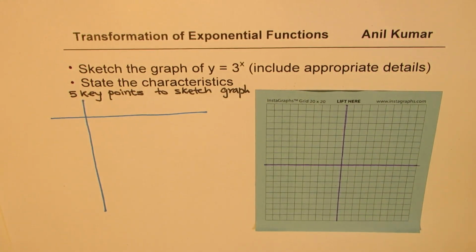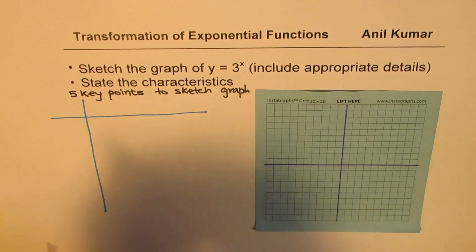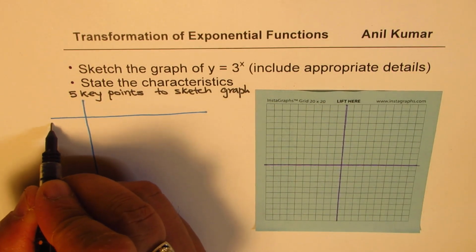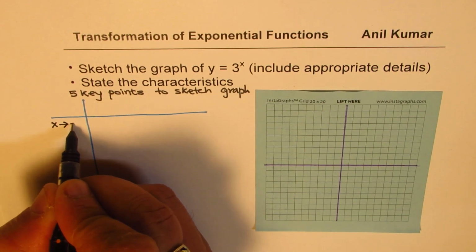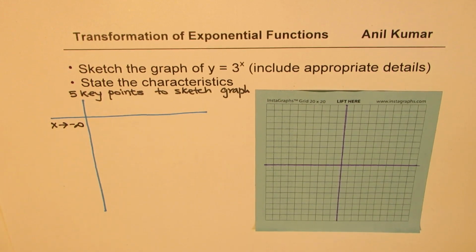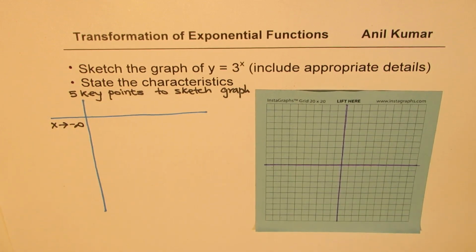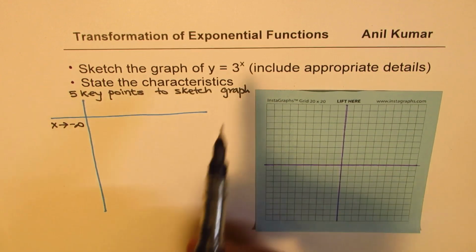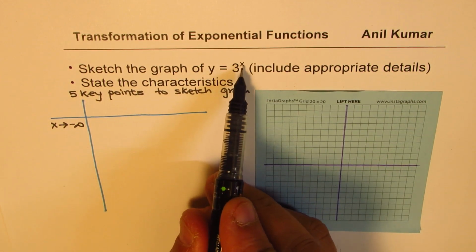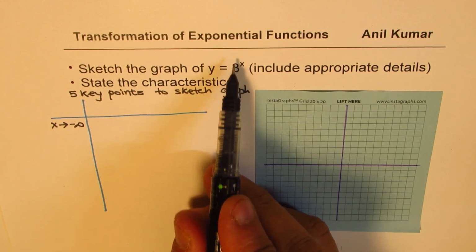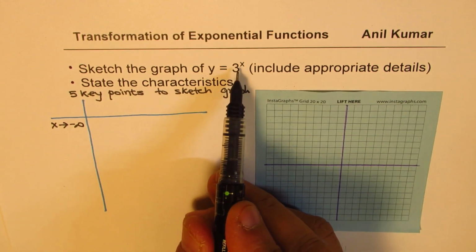Well, one of the most important points is what happens when x is approaching negative infinity. Now these exponential functions have no restrictions on domain, so x is from negative infinity to positive infinity. So when x is approaching negative infinity, then 3 to the power of negative infinity, which is 1 over 3 to the power of infinity, is going to be very small.